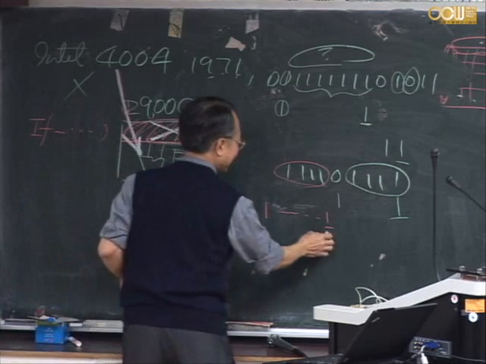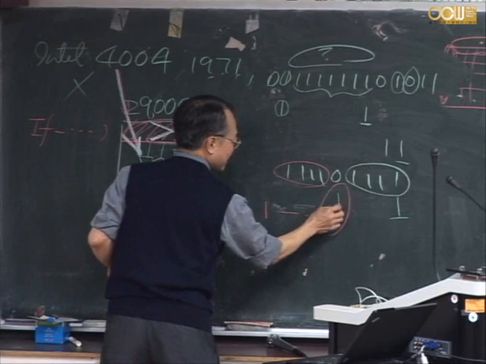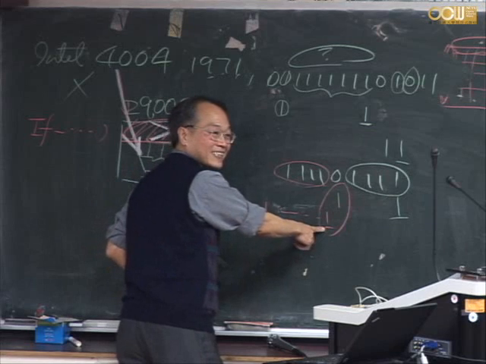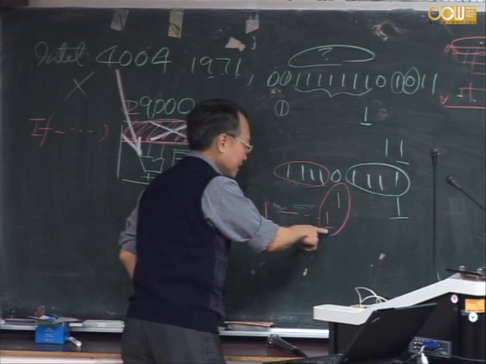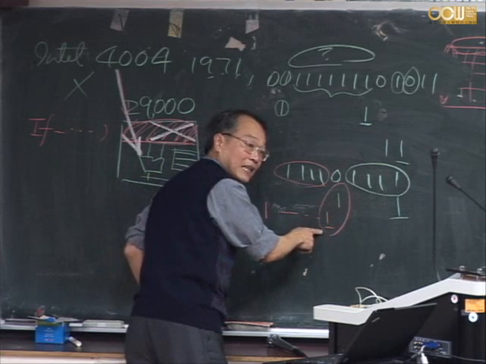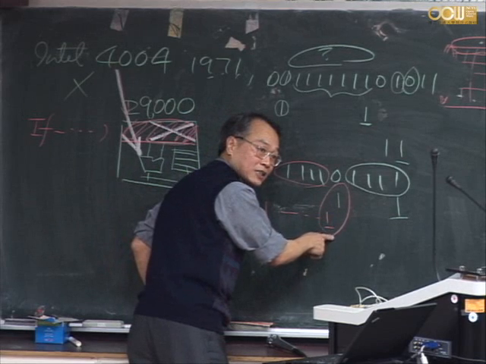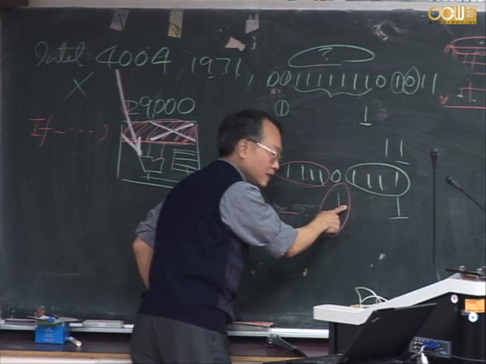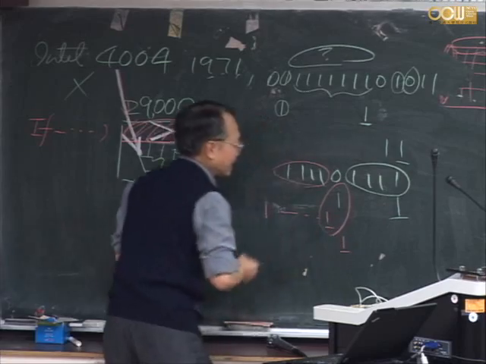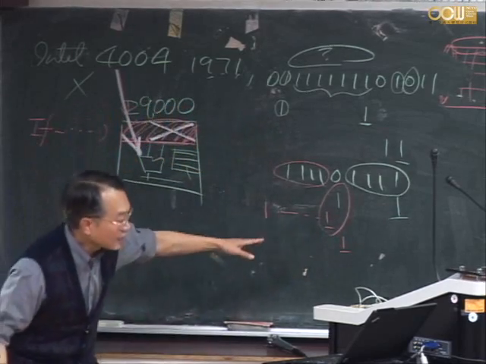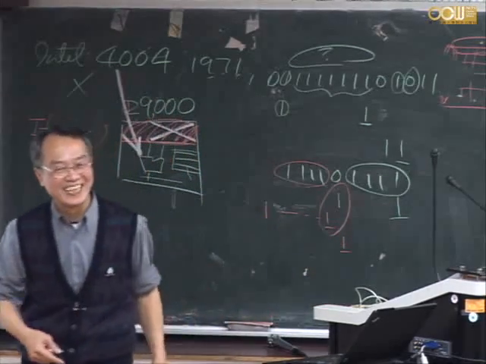We can combine these two to this. The red sign is like minus 2, right? Minus 2 plus 1 is like a minus 1 at this location. Can you still see it? I suppose you can.